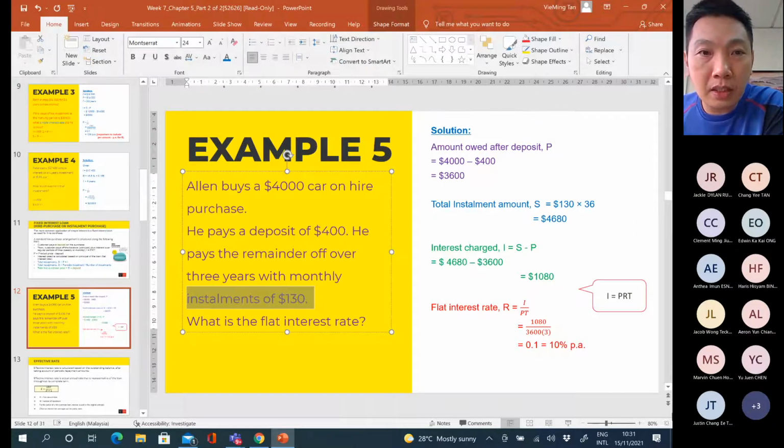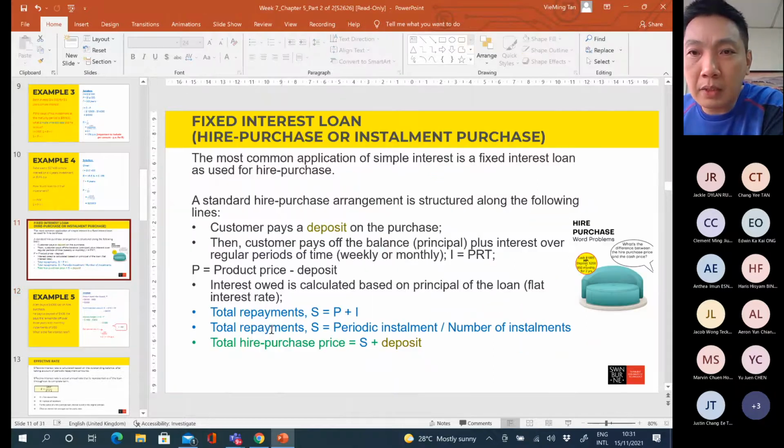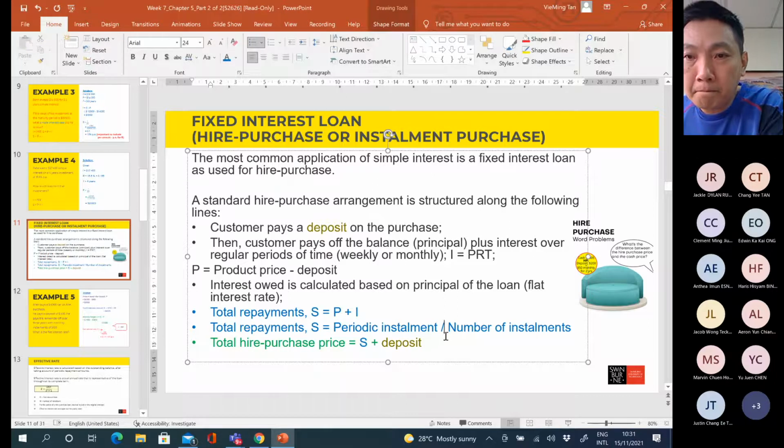S uses the formula that we learned just now: the periodic installment multiplied by the number of installments. So it is 130 multiplied by the number of monthly installments.